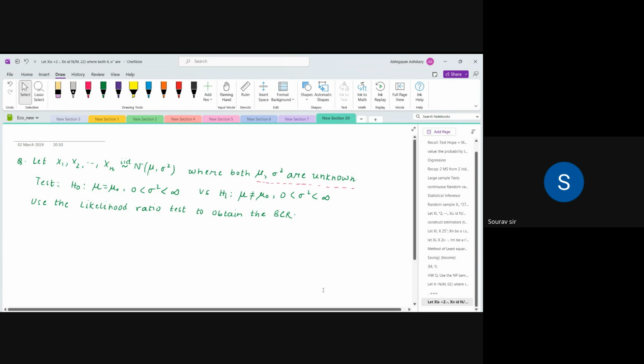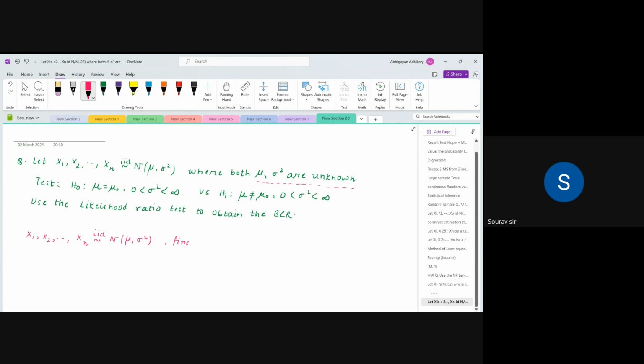So the first thing that I'm asking you is that, given this question, x1, x2, ..., xn is a random sample from a normal mu, sigma square population, we want to find the maximum likelihood estimates of mu and sigma square. Okay.